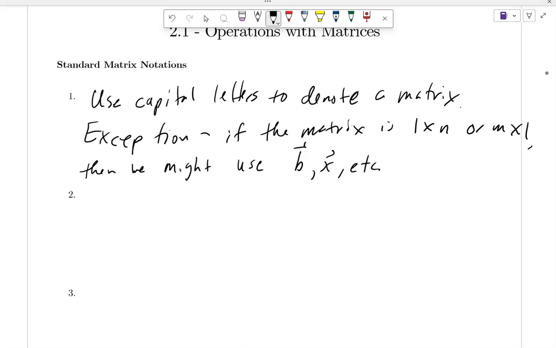So we'll put a little arrow over the top, and I'm lazy, so I do it in one motion. I don't bother putting the other part of my arrow on there. So those are arrows over the top. If it looks like a vector, then we might write it as a vector, and later on we'll probably treat it as a vector. Just to make sure that we're all on the same page with standard notations.